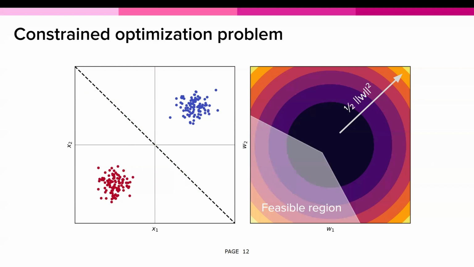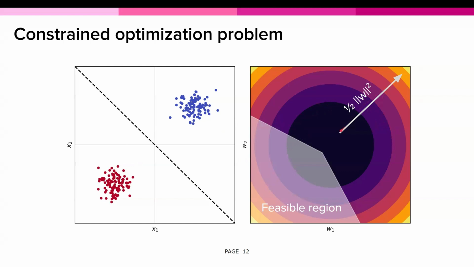On the right side, we have a contour plot that represents the corresponding optimization problem over the parameter space. We've been dealing with things in a fairly mathematical way, so I just want to provide a visualization of what's going on. These concentric curves show level sets of the quadratic objective function, which is half the squared norm of the weight vector.